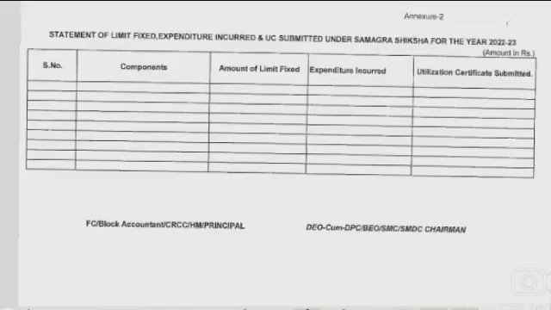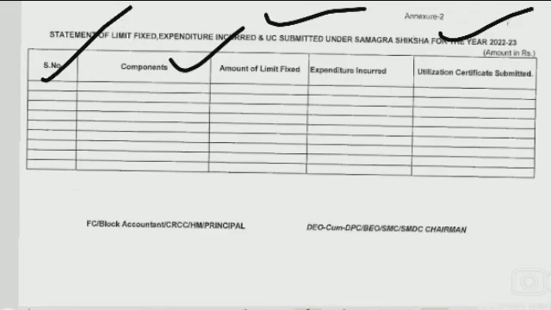Next, this is also important: the statement of limit fixed, expenditure incurred and UC submitted under Samagra Shiksha for the year 2023. Here also you have to summarize it. How? Serial number, component: for composite grant, for school uniform grant, for training grant, or for any grant which you have got within the academic year, you have to write it in the component.